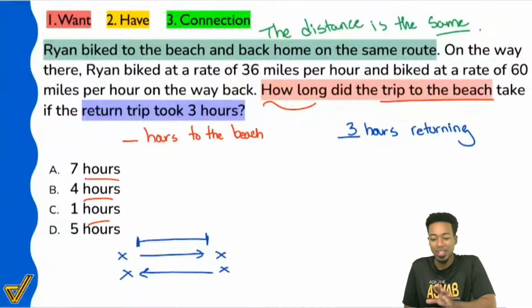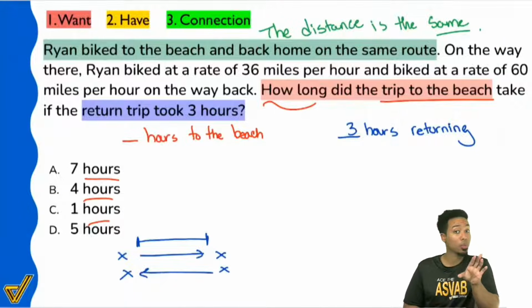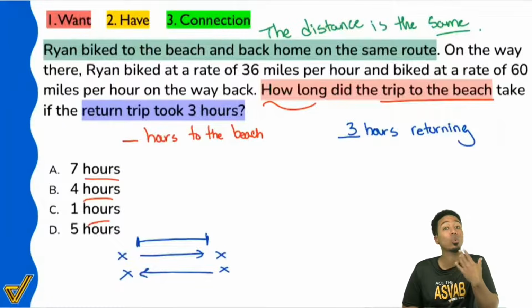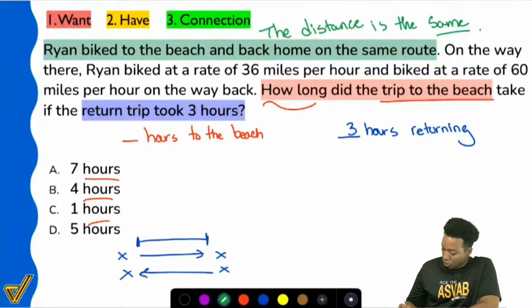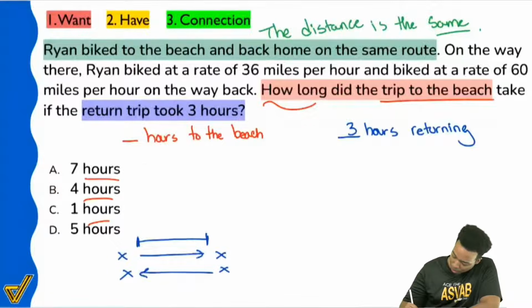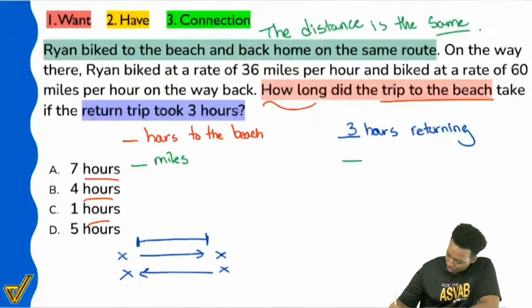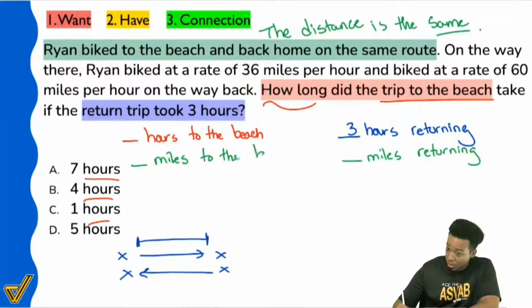Cool. I'm glad that it's starting to make sense, because we're not out of the woods yet. That's not the only thing that matters, because that's going to help us get the work done. So the distance is the same. So what that means is if we're talking about this here, blank miles returning, these are the same.